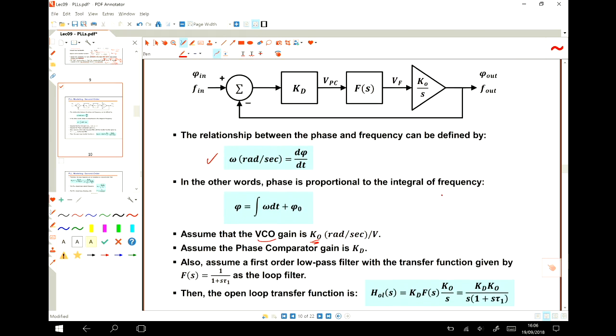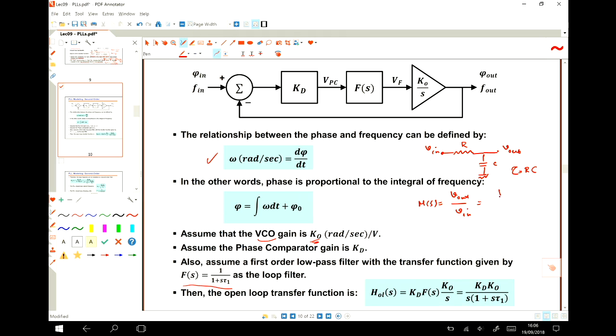Now if we go to the first order filter, a simple RC, with V in and V out, then tau equals RC, and H of s, which is V out divided by V in, equals 1 over 1 plus s tau.